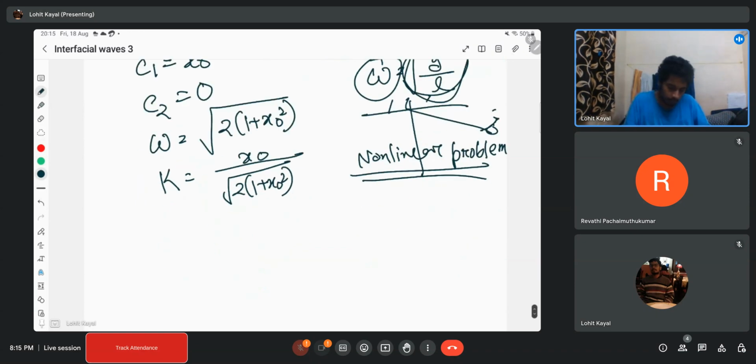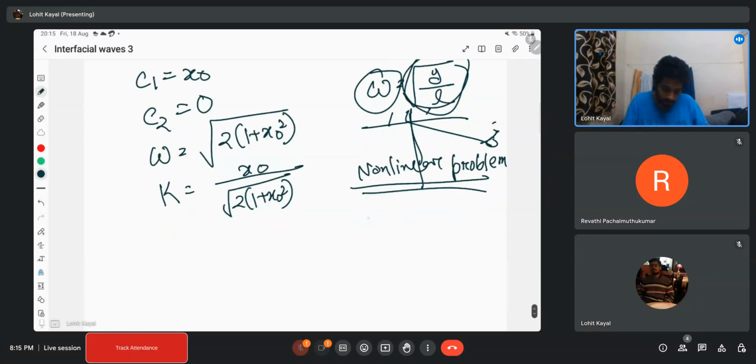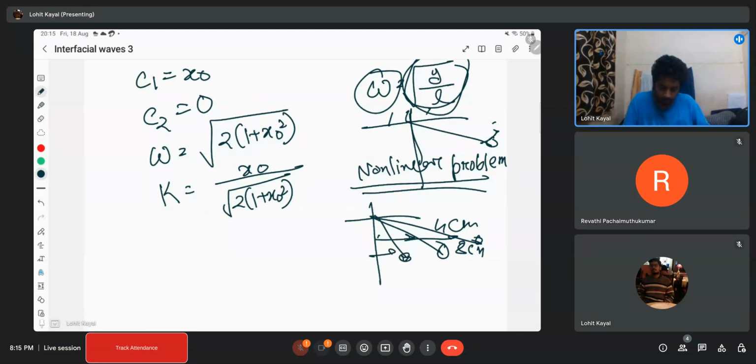But what about the linear solution? Linear solution doesn't say anything. The linear solution just says that if you initially perturb it by, say, 4 centimeter, or 8 centimeter, or 2 centimeter, they all will oscillate with the same frequency.